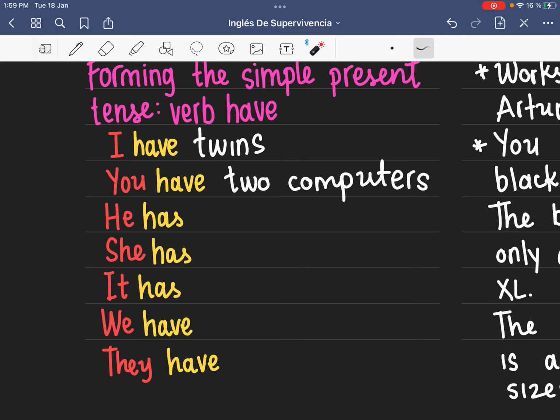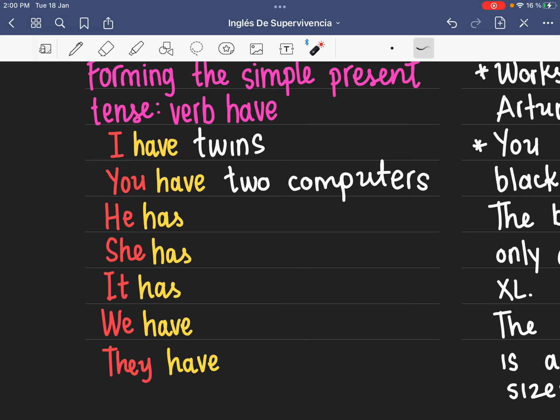Para todos estos utilizo el mismo have porque lo que hace cambiar a este verbo es el sujeto, no el complemento. No importa el complemento que sea, no importa la oración que sea, si está en presente simple y está con primera persona singular o segunda persona singular, voy a utilizar have. Para tercera persona singular, he, she, it.